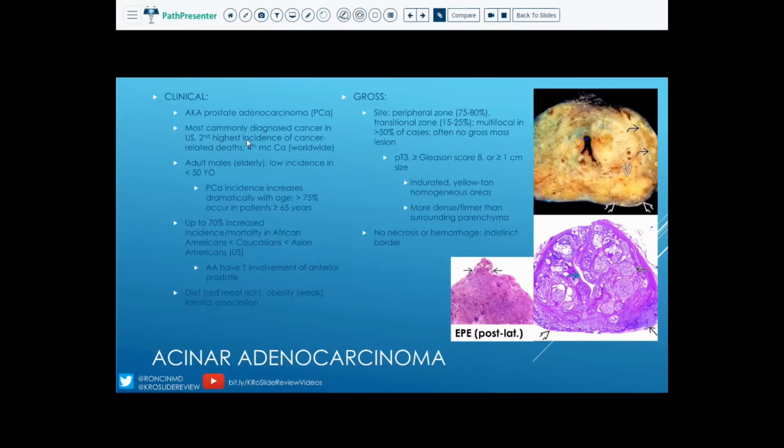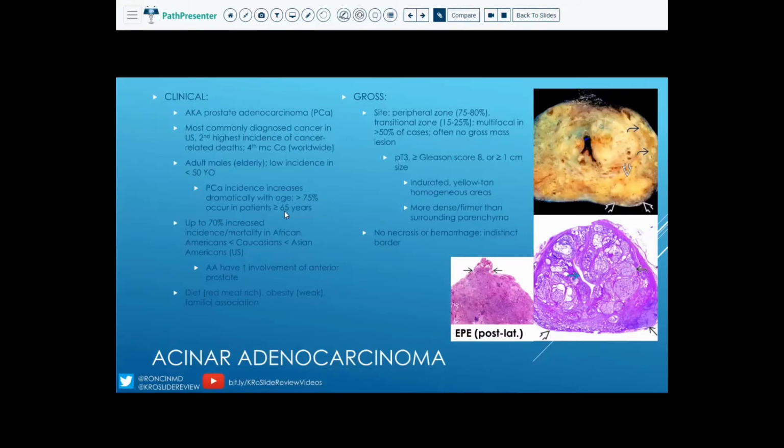It is the fourth most common cancer worldwide. It tends to affect elderly males with very low incidence in males under the age of 50 years old. But just like our BPH, it increases dramatically with age, and three-quarters of your cases are going to be in patients older than 65.